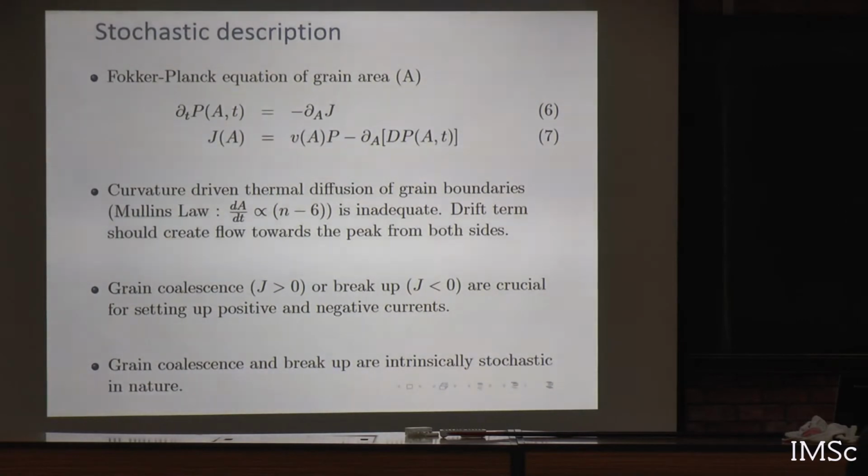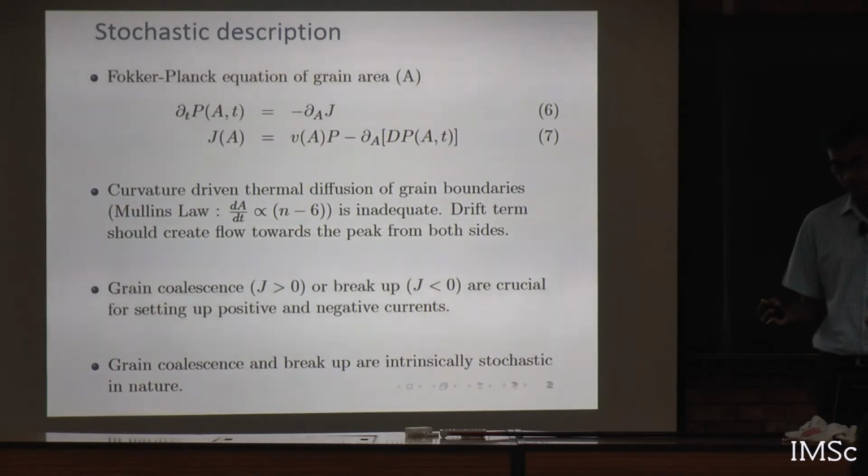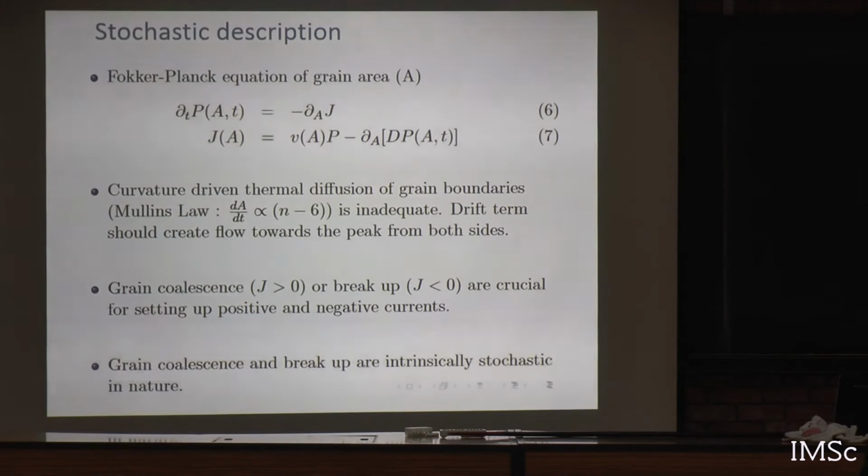Now people have done this before, but this formalism does not lead you to log normal statistics even for equilibrium grains. There is no theory which can rigorously derive, or even numerically solve an equation and show you how you get log normals.